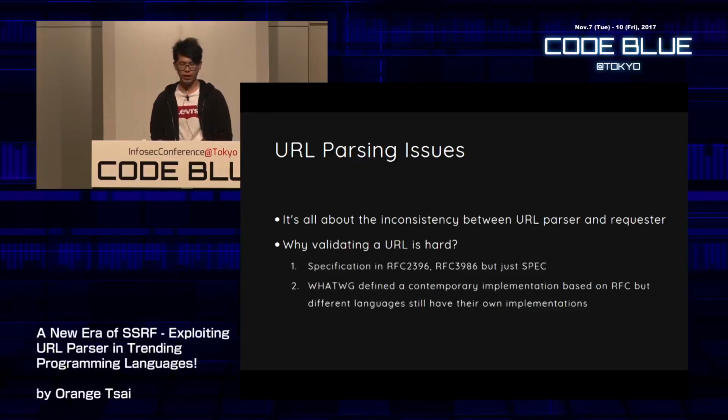The spec of URL is defined in RFC 3986, but it is only a spec without implementation guidelines. While WHATWG is a community trying to define a modern implementation based on the RFC. But in fact, programming languages still prefer their own implementations more. So there are lots of mistakes in URL parsers.